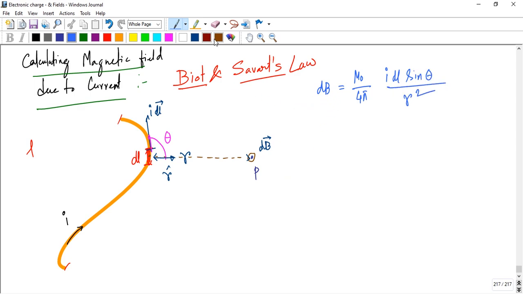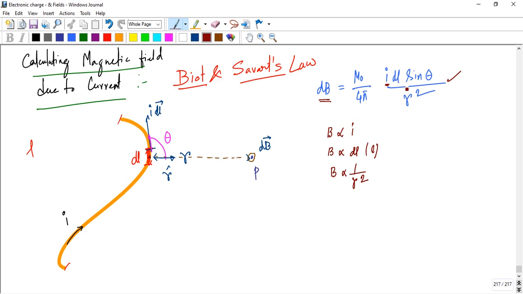So the Biot-Savart's law states the magnetic field is directly proportional to I. More current means more magnetic field. B is also directly proportional to dl, the length, and inversely proportional to the square of the separation between dl and point P. If I combine these, we get this.